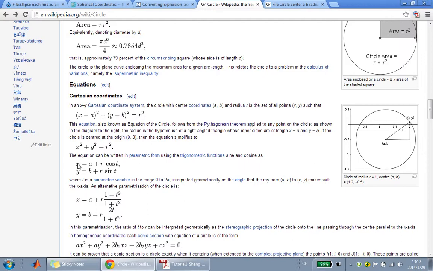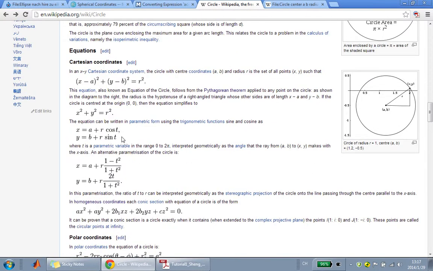Okay, so this is the standard parametric representation for the point on this circle. And we also know the geometric meaning of the parameter t.